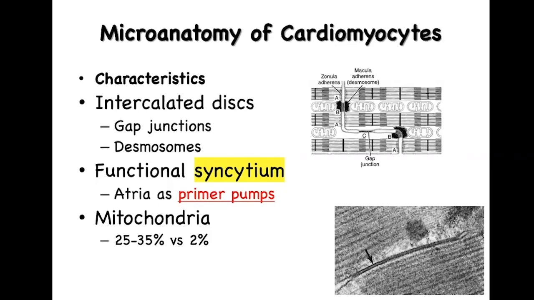This is due to the fact that cardiomyocytes do not store glycogen, which is the storage form of glucose. The high volume of mitochondria within the cardiomyocytes allows the cells to synthesize a lot of ATP. This gives them resistance to fatigue. This is important since the heart has to pump continuously throughout your entire life.